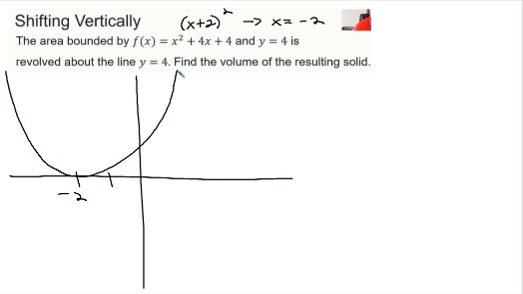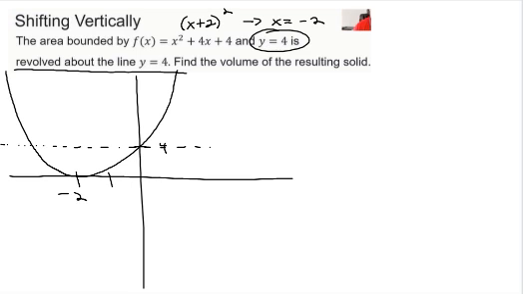And this y-intercept, so I'm bounded by y equals 4, which is here. But I'm also revolving it around y equals 4.